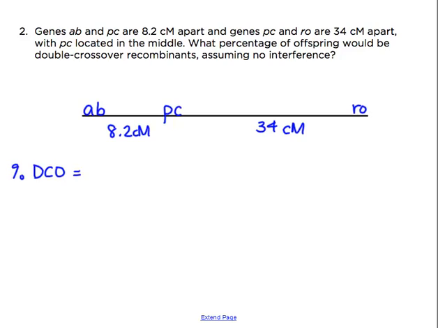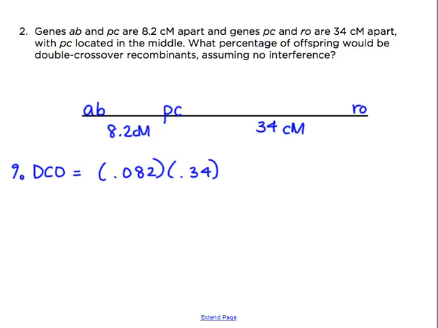Now remember that every centimorgan means 1% recombination. So the percentage of recombination between AB and PC would be 0.082, and the percentage recombination between PC and RO would be 0.34. And we're going to use the probability product rule because to get a double crossover, you would need a crossover in each region.